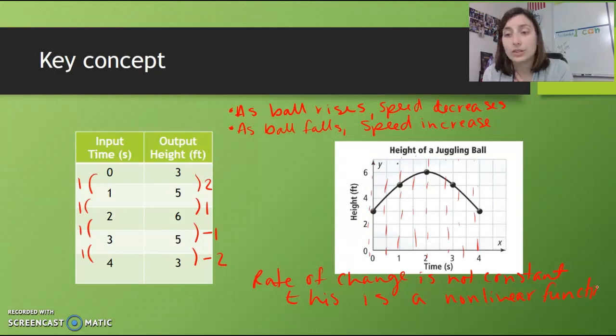And again, I know it's a function because for every input, I have exactly one output. Now, some of my outputs show up more than once, but remember, it only matters that I don't have multiple y values per x value. As long as I only have one y value for each x value, all is good. So my rate of change is not constant, and therefore this is a nonlinear function.